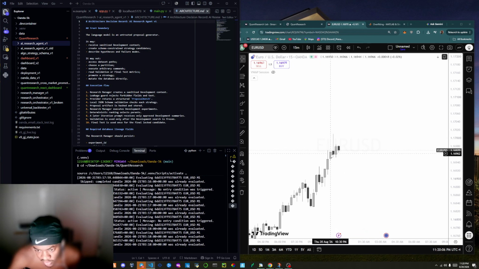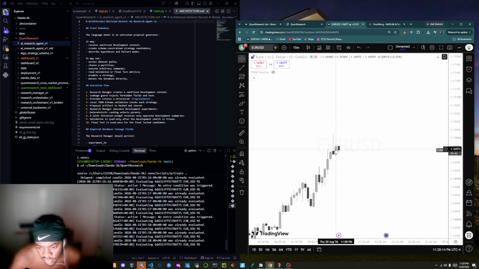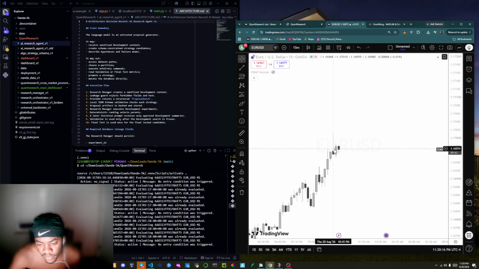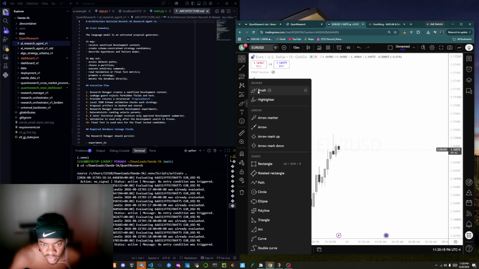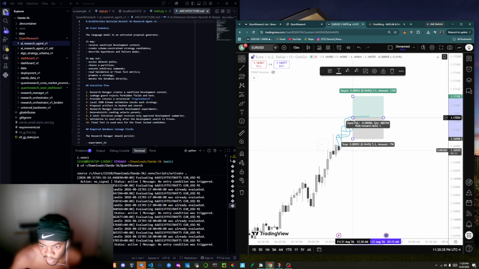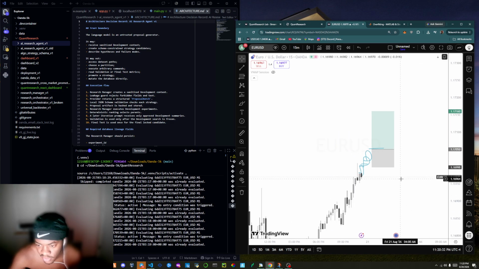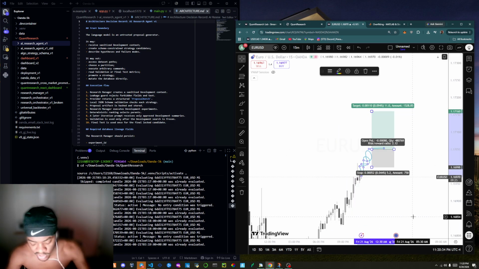But you can see here, since we had this bearish candle maybe 15, 30 minutes ago, that didn't execute. So in order for us to get a trade, we need to close above this one, and then another candle that closes above this one, and then another candle that closes above this one, and then that will activate our long trade with our stop loss and take profit already entered. And that's what the strategy looks like.